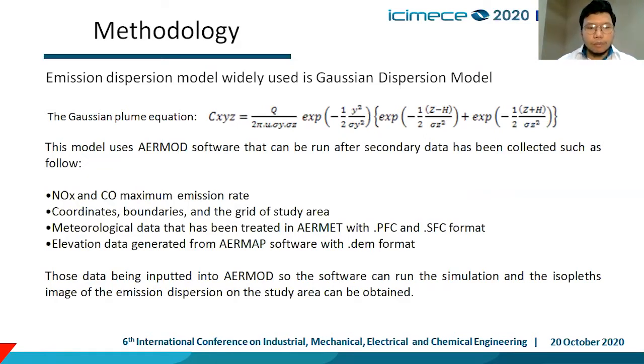The second is coordinate boundaries and the grid of the study area. The third is meteorological data that has been processed in AERMOD. And the last is elevation data from AERMOD software. All those data will be run in AERMOD, and the output will be isopleth imaging of the emission dispersion of the study area.